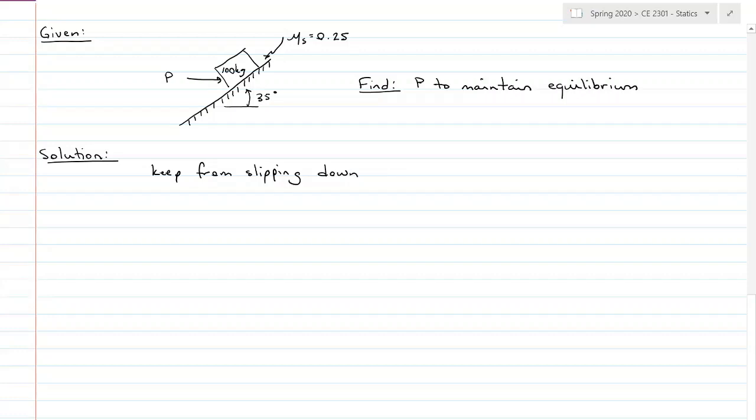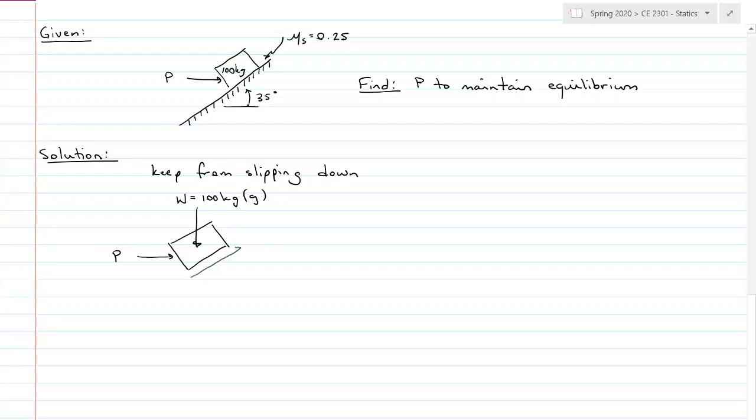All right, so in this case, I've got my block that has a weight of 100 kilograms times gravity. I have P here that I'm looking for, and if we're keeping it from slipping down, which way is the friction acting?